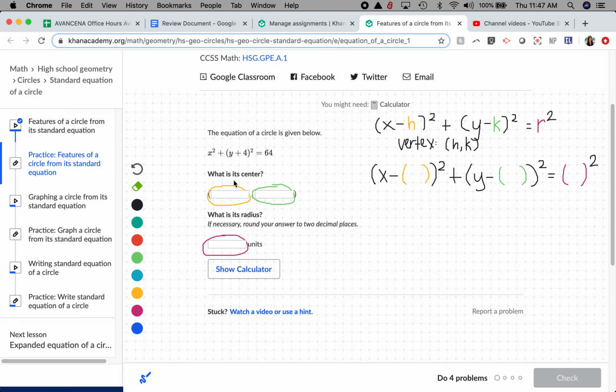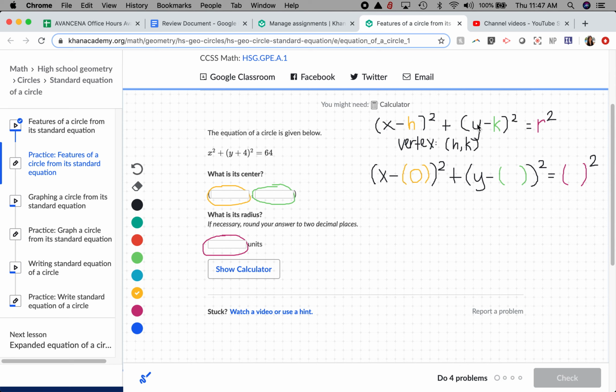Okay, so in this equation, what we see here is that nothing is being added or subtracted to x. That tells me that h is 0. In our given equation, I see that 4 is being added to y.